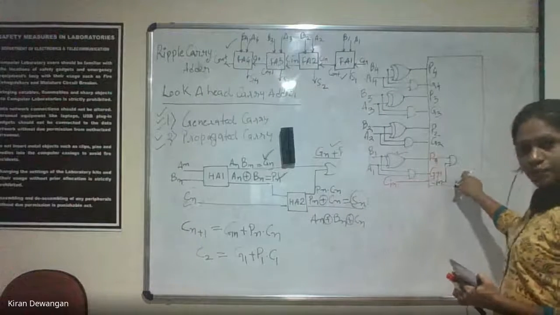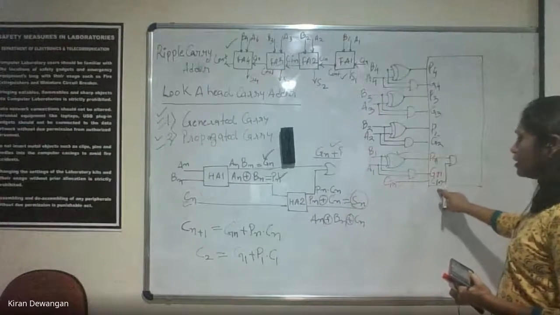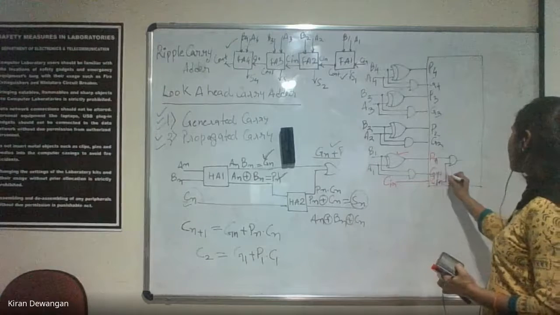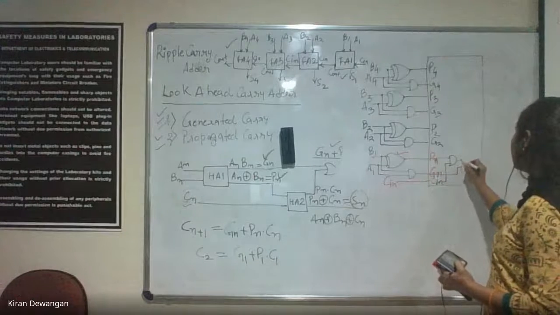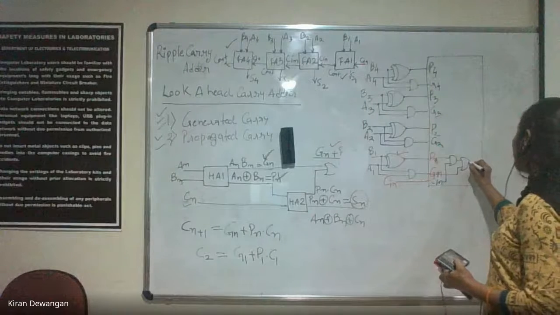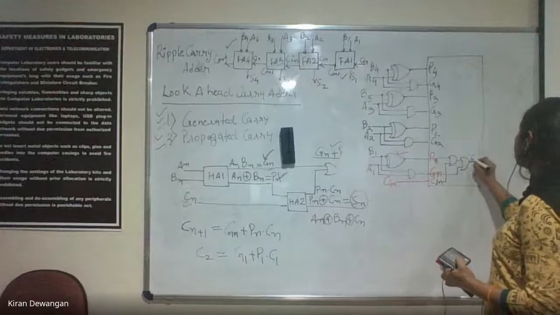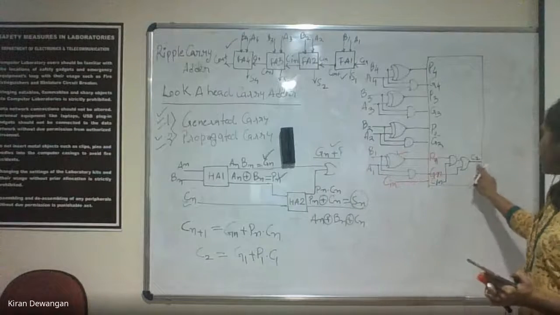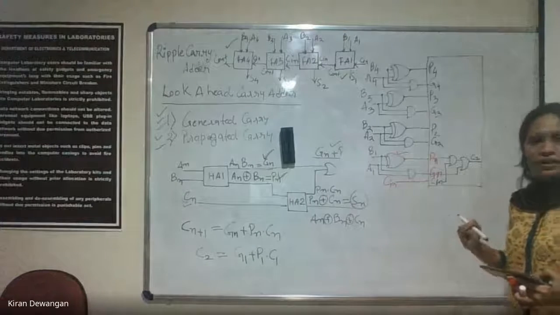Now the next step, P1 dot C1. This will be ORed and it is producing C2. Is this clear? यहाँ पर ये C2 generate करेगा.